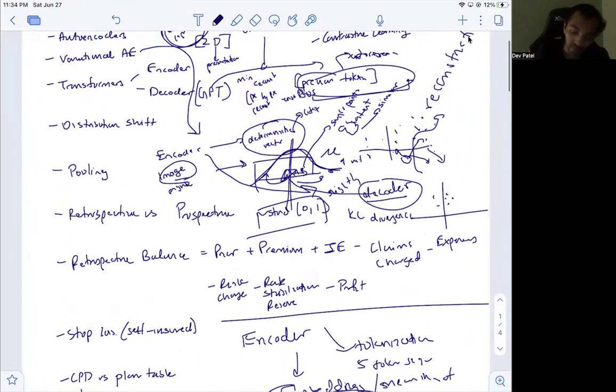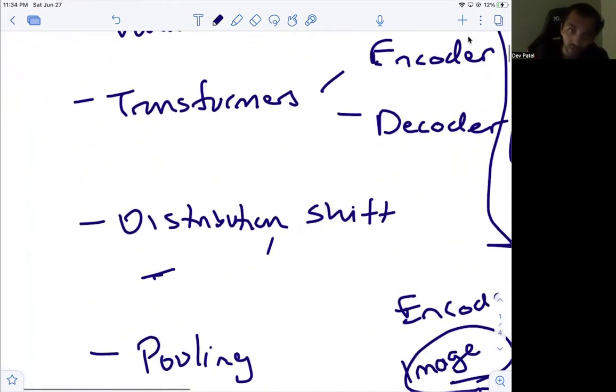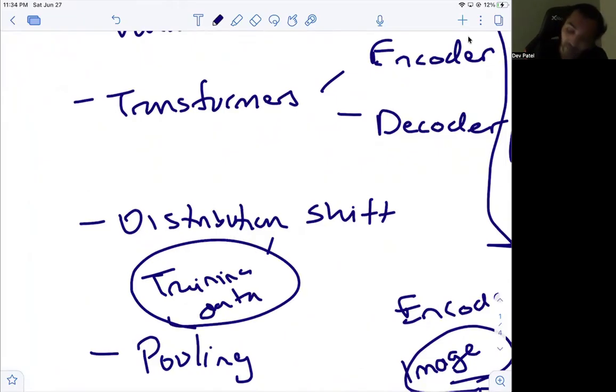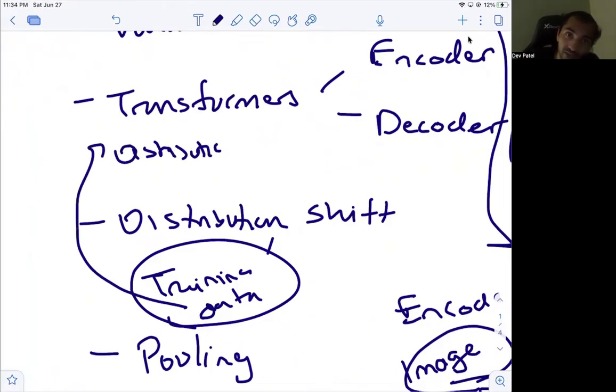Now, distribution shift is when our training data comes from a different probability distribution, from a different subset of the entire data set that we're creating our model from. And this does not reflect what the testing conditions will be.